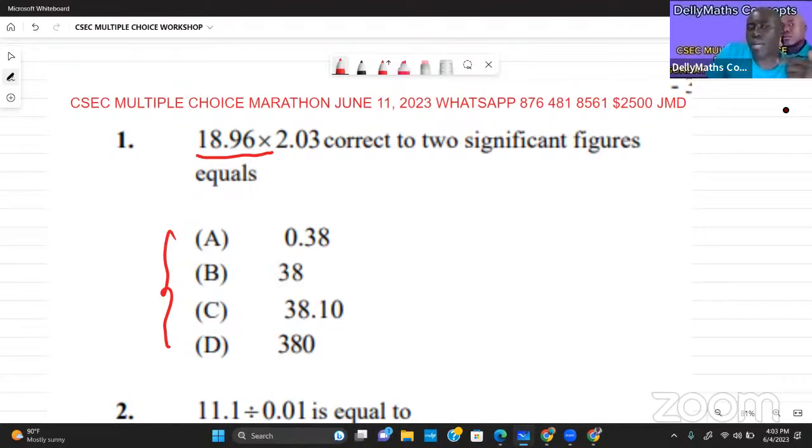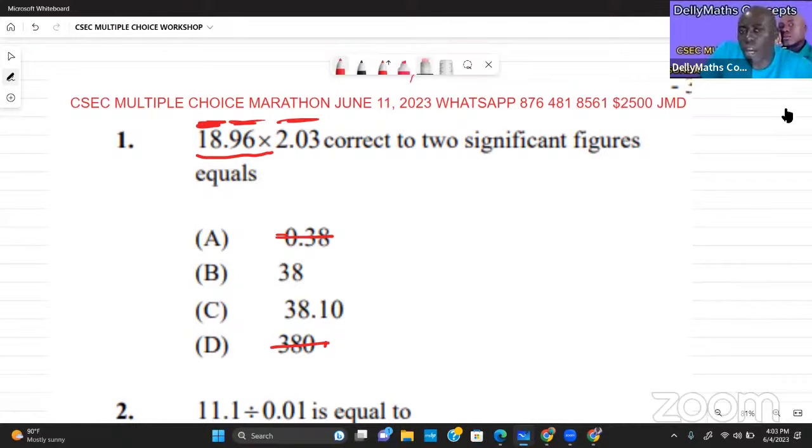If you look at the 18.96 and the 2, you're seeing that your answer must be somewhere in the 30s, which means that this cannot be an answer. This cannot be an answer, right? And so with this knowledge of what can't be the answer, I'm left to decide, is it 38? Is it 38.1? So know that my answer could either be B or C.